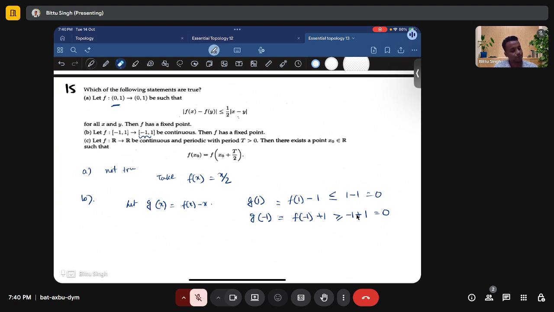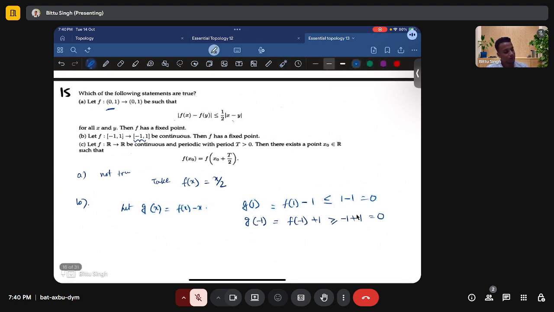You can say it in this way also. So g(1) is less than or equal to 0. If g(1) equals 0, we are done: f(1) minus 1 becomes 0, so f(1) equals 1. If g(-1) is 0, then again we are done: we get f(-1) equal to -1. If those are non-zero, then we can consider this case.